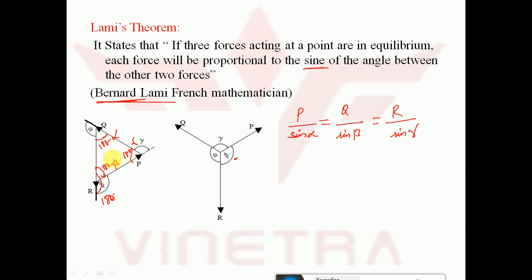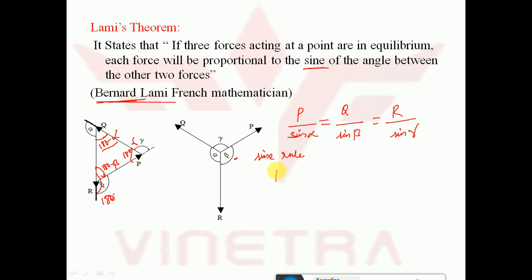Now if I apply the sine rule for this triangle, if I choose force P, that is this side of the triangle, the angle opposite to it is 180 minus alpha.